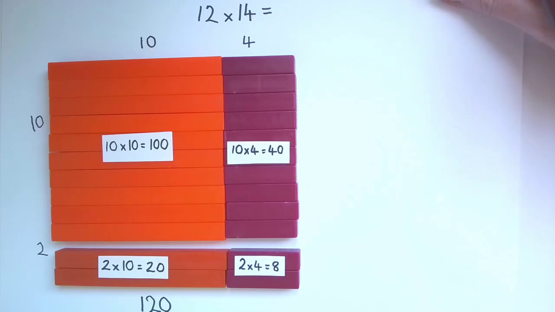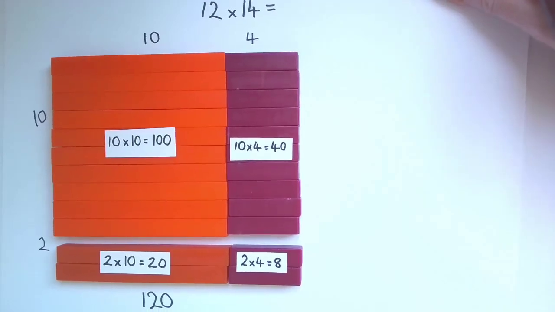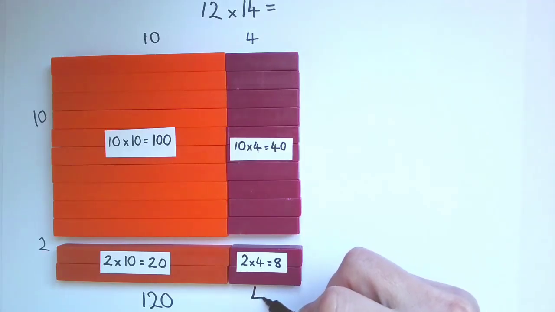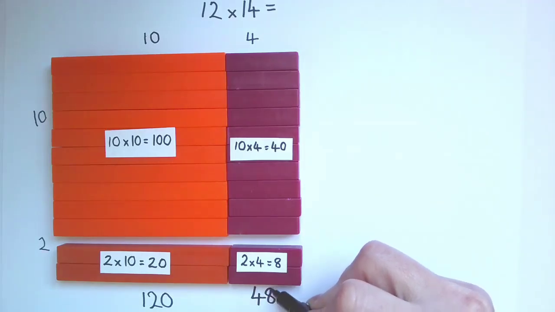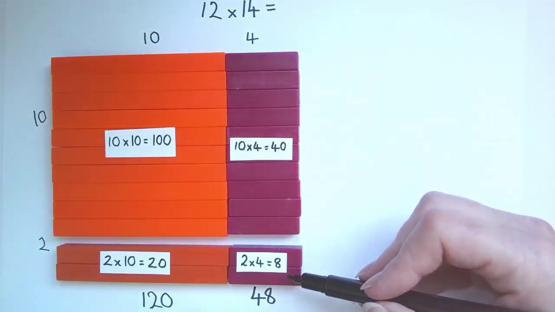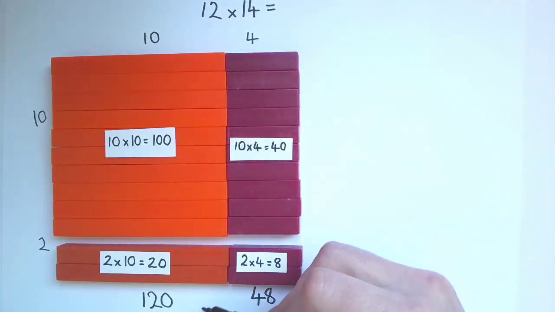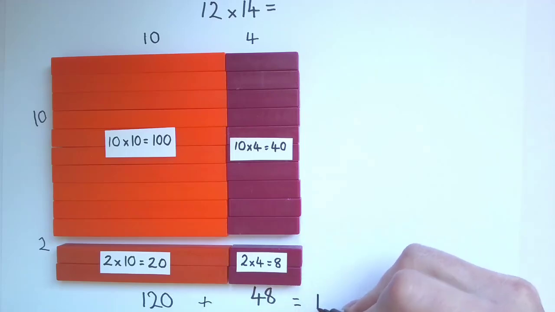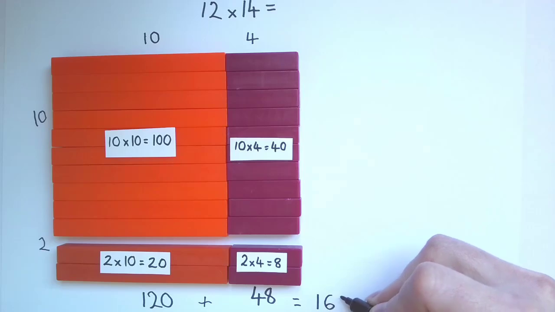So when I look at my ones, I can see that I have got 48 altogether. So altogether, I have got 120 plus 48, which equals 168.